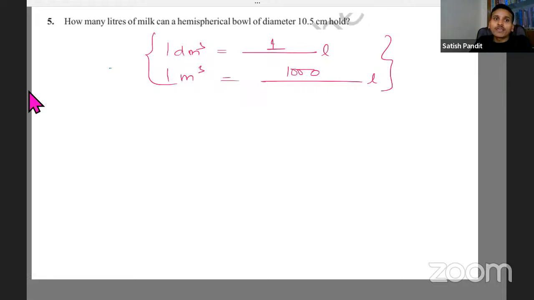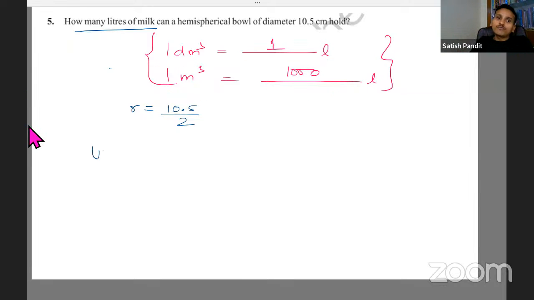Okay, not a problem. So how many liters of milk can a hemispherical bowl of diameter this much hold? Okay. See, diameter of the bowl is given. So we can find radius. What will be radius? 10.5 by 2. That will be the radius of the hemispherical bowl. See, to find the number of liters, first of all, we'll find the volume and then use the relation to find the liters. Okay.